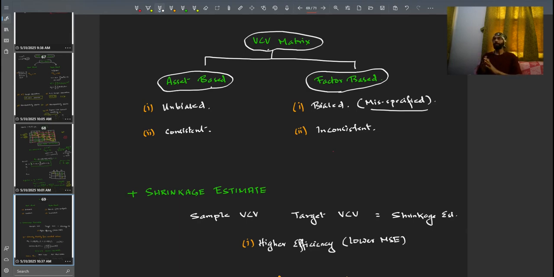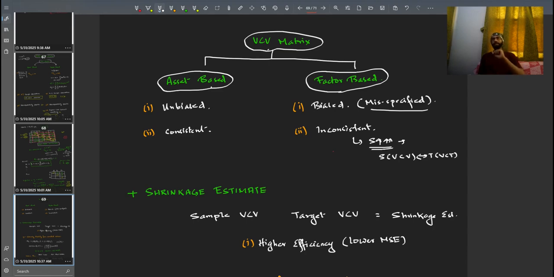So it is misspecified or biased. And then it is also inconsistent, which means if the sample size keeps on increasing, the true VCV will diverge more and more from the sample VCV. So the sample VCV and the true VCV will keep on diverging as the sample size increases. This means it is inconsistent.